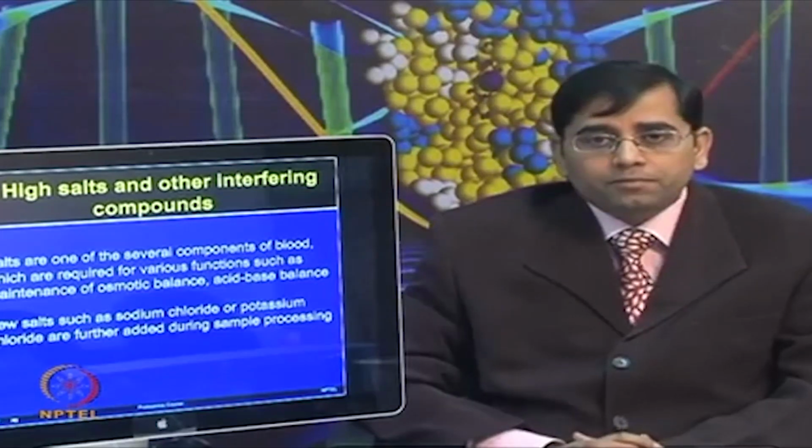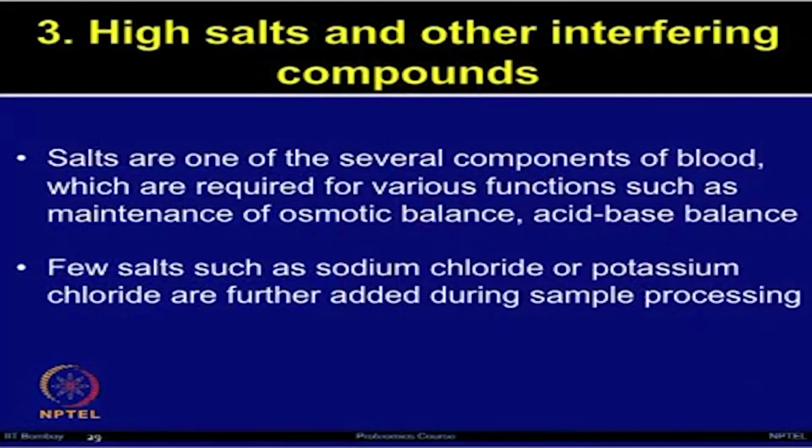The third point, the presence of high salt and other interfering compounds. As we have talked about different types of interfering compounds, you are now familiar that salt is one of the several components which could be very interfering during your proteomic applications.